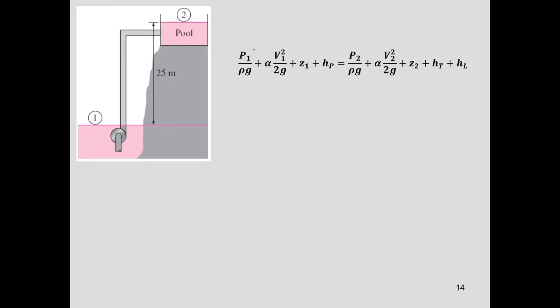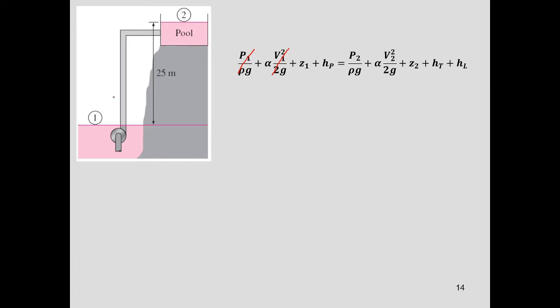For the lower reservoir, you know that this surface is open to the atmosphere. So from the equation, we can consider P1 over ρg is 0. This is an open surface where the area can be considered too big because it's a reservoir, so the velocity is negligible, almost 0.